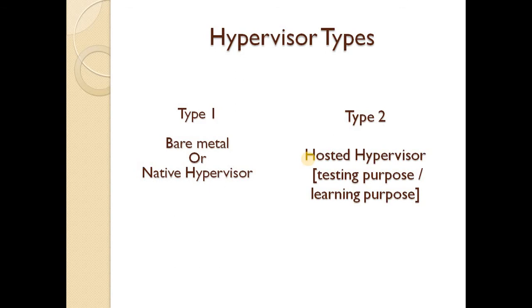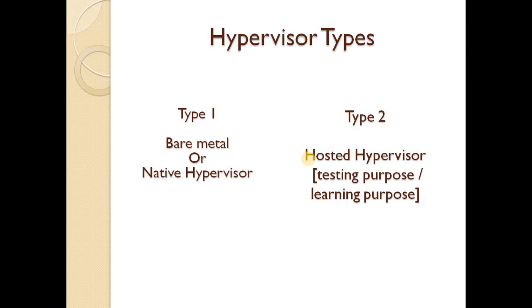So if you talk about the utilization of these two types of hypervisor, trust me, all the enterprise level, all the industry level, they are going to use only type 1 because that's a bit secure. But when we talk about the testing environment, let's say you like to install one server family operating system, you like to test some of the group policies, you like to test some of the drivers, these things are going to be installed in type 2 hypervisor.